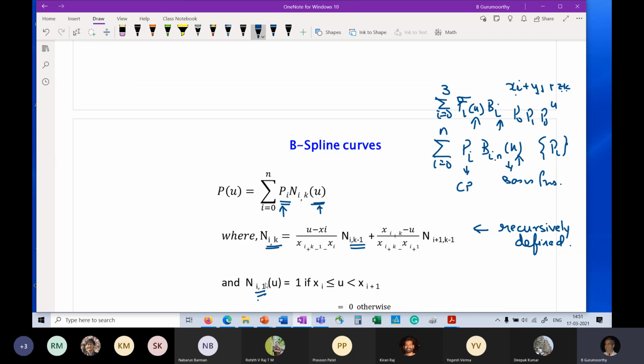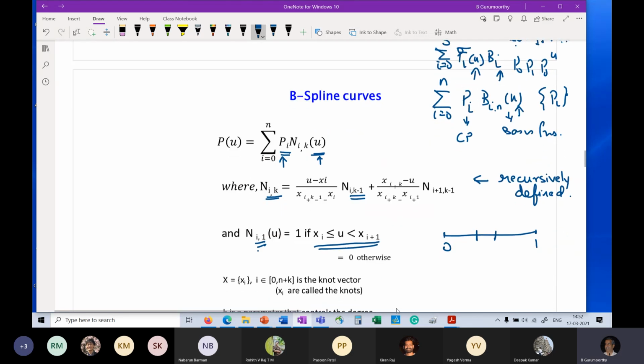So I start from N_{i,1}, then N_{i,2}, which is defined in terms of N_{i,1}, then N_{i,3}, which is defined in terms of N_{i,2}, and so forth. But this function is defined only over a certain range of u, the parametric variable. So if I have a parametric interval for the curve going from 0 to 1, this basis function N_{i,1} is defined only on some interval, and, even more important, 0 otherwise.